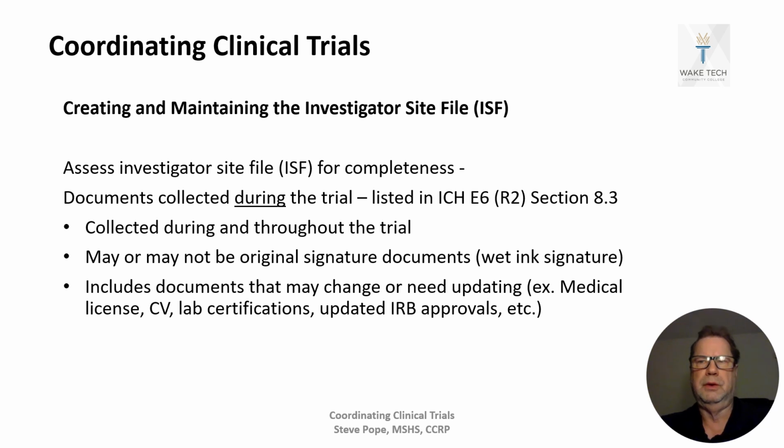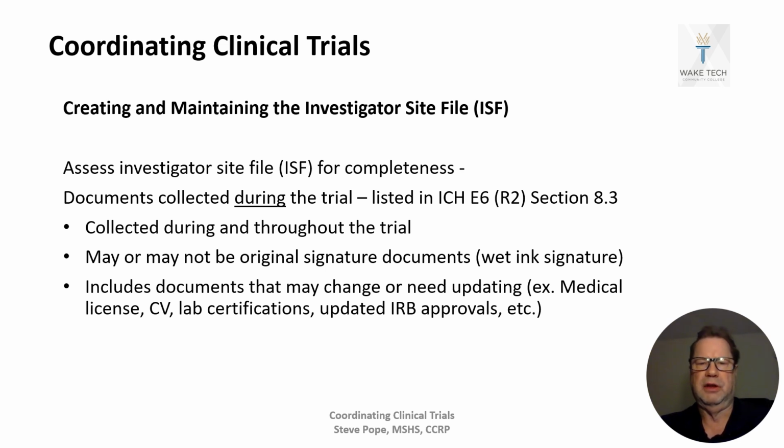IRB approvals. You're going to get an initial IRB approval that's going to be good for 1 year. When you get to the point where your 1 year is almost up, you're going to submit a new submission for what's called continuing review. So you need to do that probably a month or so prior to the expiration date and get that in so that they can approve that.